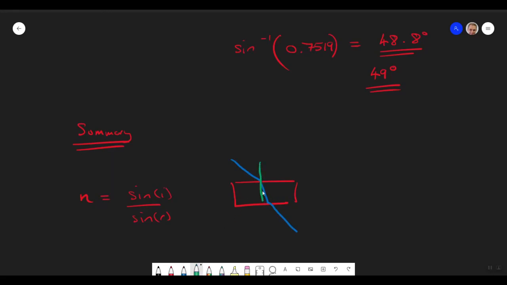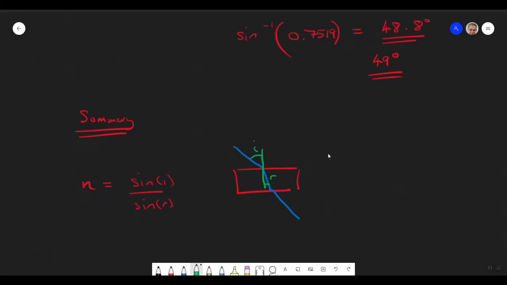In this, you're measuring two angles, i and r: your angle of incidence and your angle of refraction. And that is useful for working out n because you can take lots of different values and do that repeatedly.